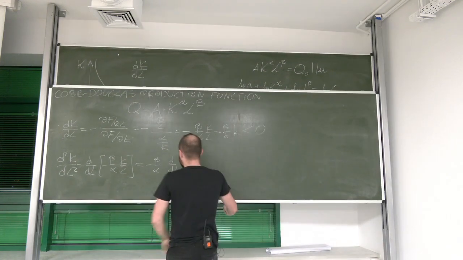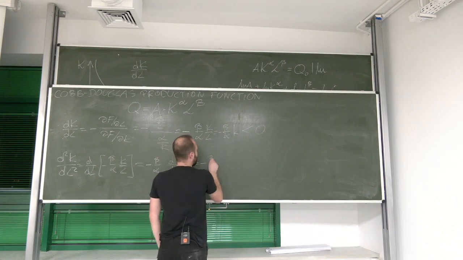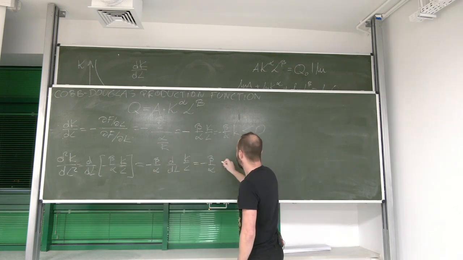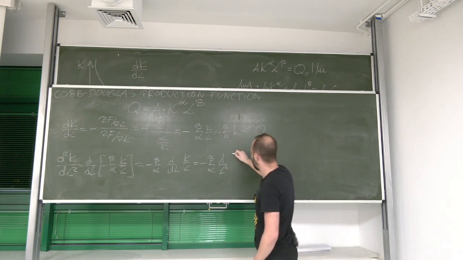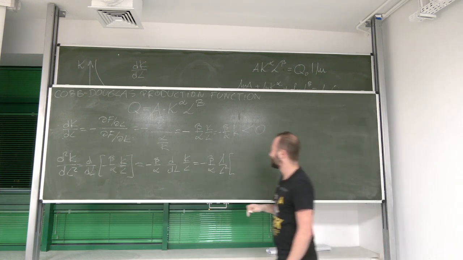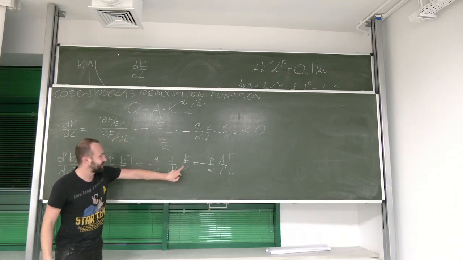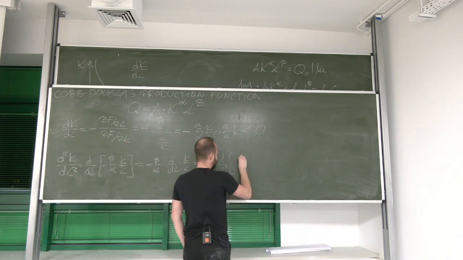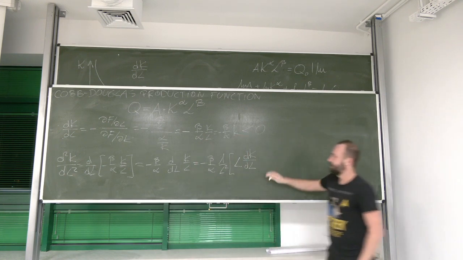Again, the quotient rule is giving us that this is negative beta over alpha times 1 over L squared, right? And inside, we're going to have what we would have on the top. So first, the derivative of the first expression times the second expression, so we would have here L times dK/dL, right?